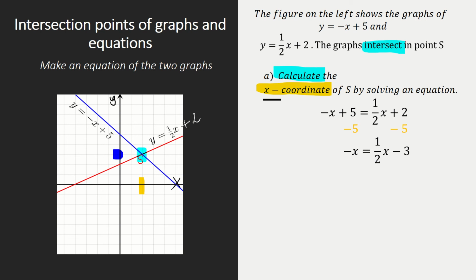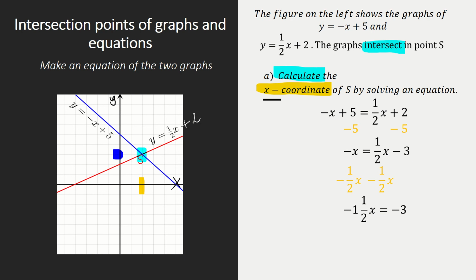Now we want to have our letters on the left hand side. So we're going to subtract minus a half x on both sides, because we need to maintain balance, since it's called the balance method. So we get minus 1/2 x equals minus 3. We want to know what 1x is, and not what minus 1/2 x is.